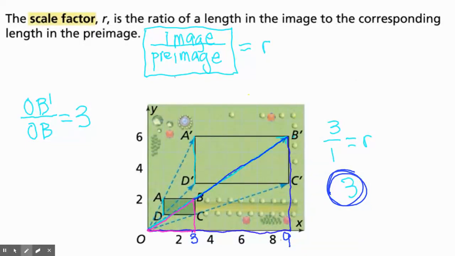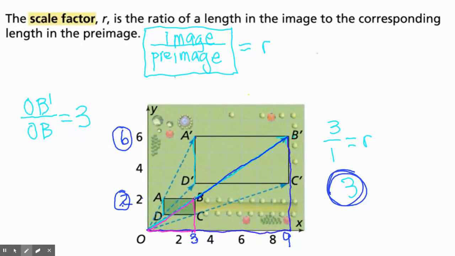Well, let's see if that holds true in our y-coordinate. So this length right here is going to be 2. So this is just distance right here. So which means that if B's location is 3, 2, B prime's location up here should be at 6, and it holds true. So not only do we have the lengths of the sides in proportion, we also have the length of the ray, and we also have our xy coordinates in proportion.